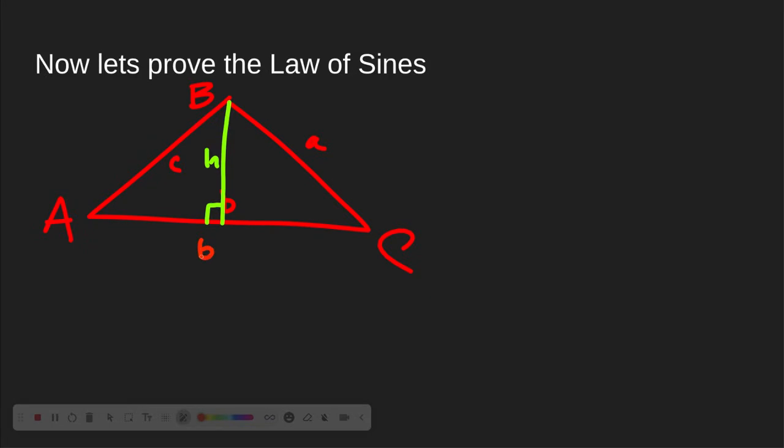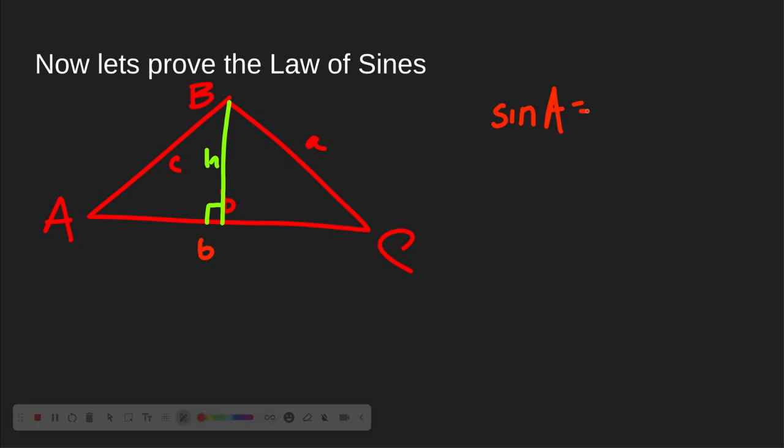And now let's look at A and C in particular, side A and side C. If I looked at just the right triangle on the left, I could say that sine of A would be what? Opposite over hypotenuse.